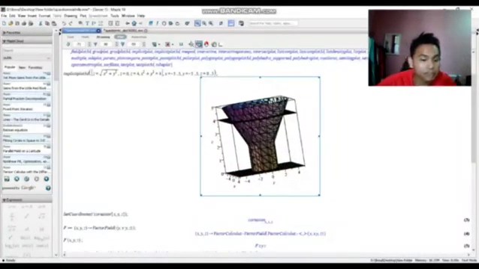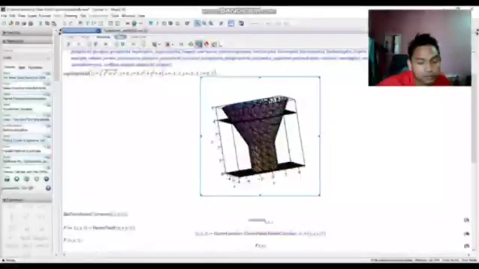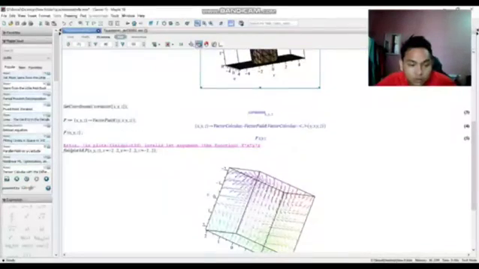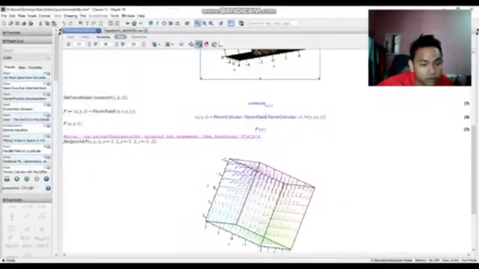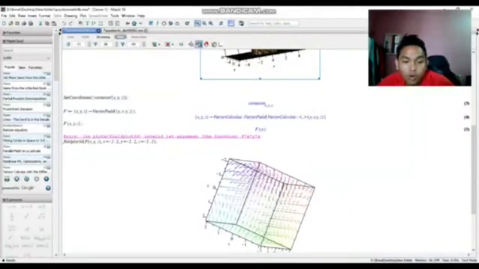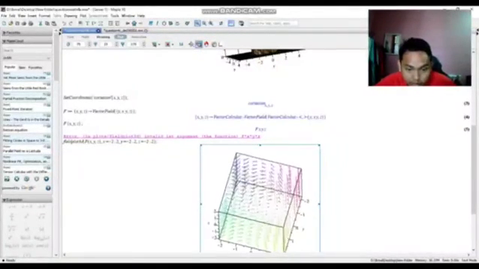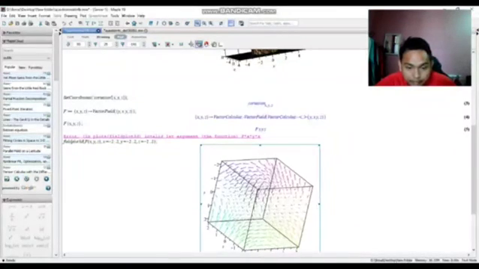Then we set coordinate Cartesian xyz, and f equal to xyz, convert to vector field, and this is the field plot 3D of fxyz, with x from negative 2 to 2, y also negative 2 to 2, and z also negative 2 to 2. We put our coordinates here and we got this 3D diagram.